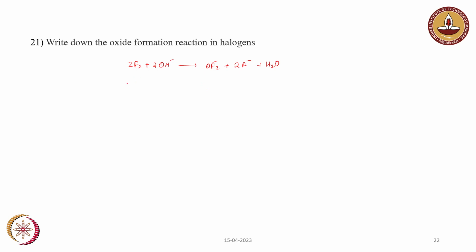And next one is Cl2 reacting with HgO. I2 reacts with oxygen to give I2O5.